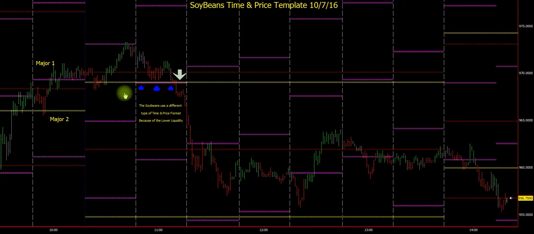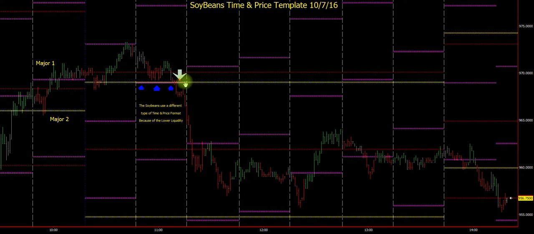One of the things you can do with the time and price template is very selective, because you might only get maybe 3 to 5 setups per week, but typically they're very powerful.